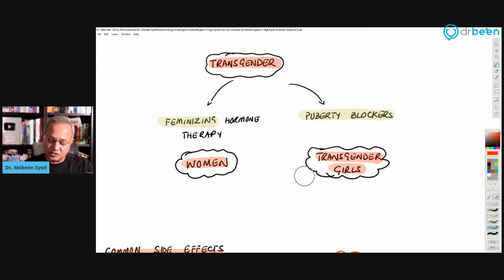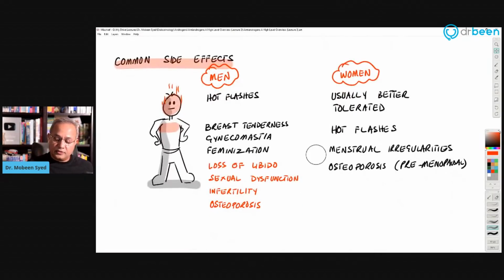feminized features. So before we go to the mechanism of action, what are the common side effects? Of course, various anti-androgen drugs have their own specific side effects. But generally, from a high-level point of view, if we are blocking androgens, what are the general outcomes? Remember in our last discussions, we talked about how androgens have a couple of types of functions.